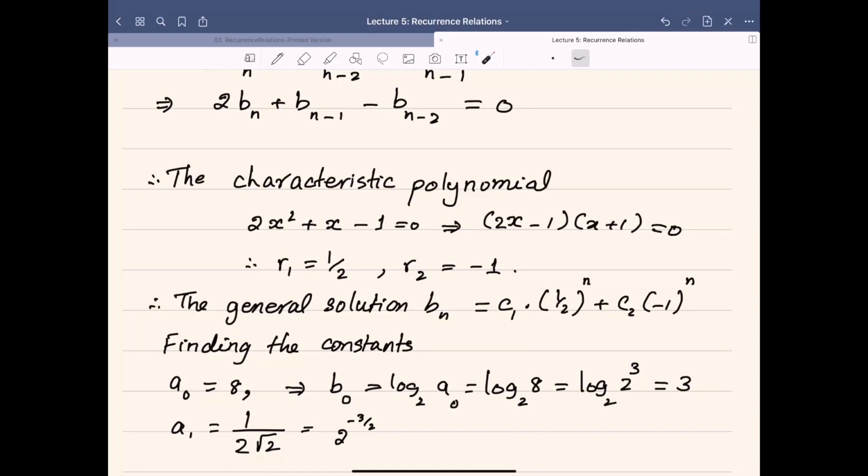Minus 1 minus half will be minus 3/2. So from here, we need to find b_1. So b_1 will be log 2 of a_1, which is log 2 of 2 raised to power minus 3/2, and the answer will be minus 3/2.